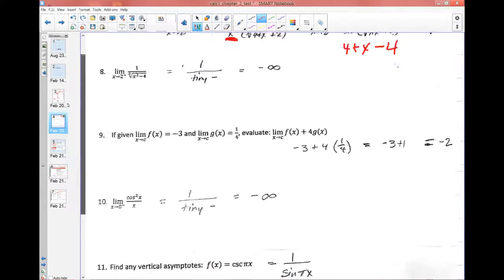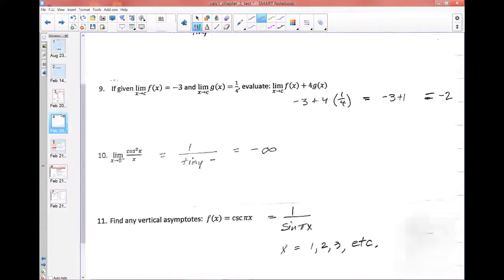Number 9, I gave you the limit of f of x as x approaches c. The answer is -3. And I gave you the limit of g of x as x approaches c. That's 1/4. So can you find the limit of f of x plus 4g of x as x approaches c? Yeah, this is checking on limit properties. The limit of a sum is the sum of its limits.